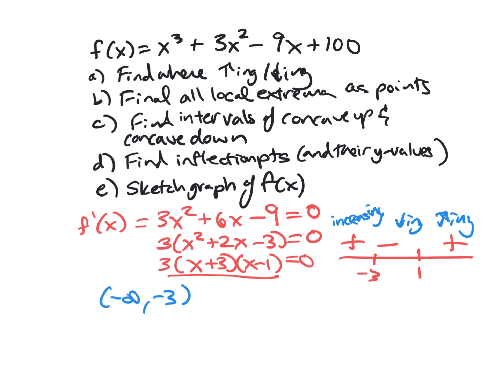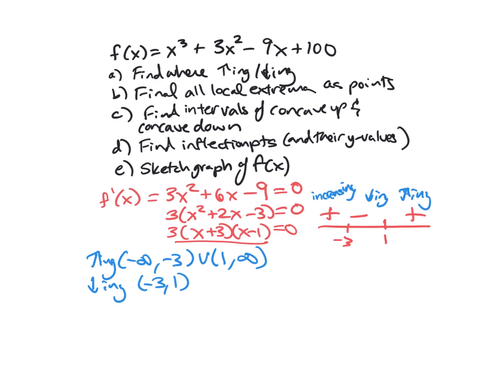I tend to use a semicolon, but it looks like with domains I use union, and based on what you wrote, maybe your teacher uses unions, which is fine. So it's increasing on that interval. That's where this first derivative was positive. Where the function decreases, meaning from left to right the function would go down, that would be where the first derivative is negative. So it looks like negative 3 to 1.